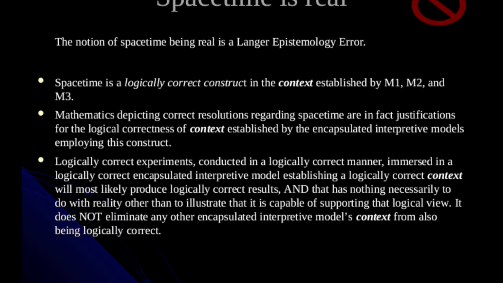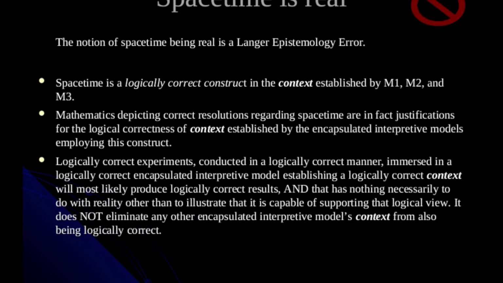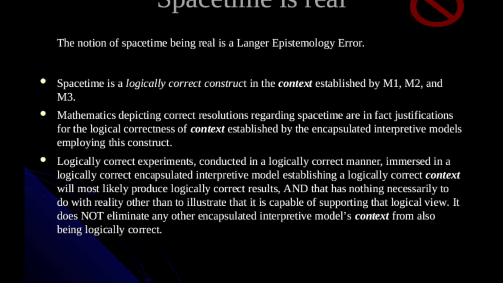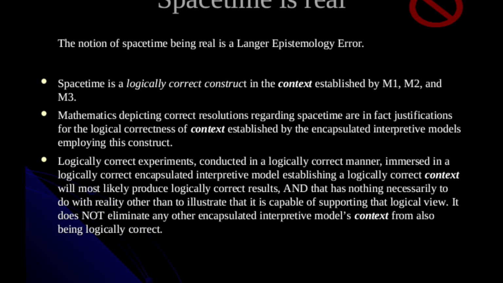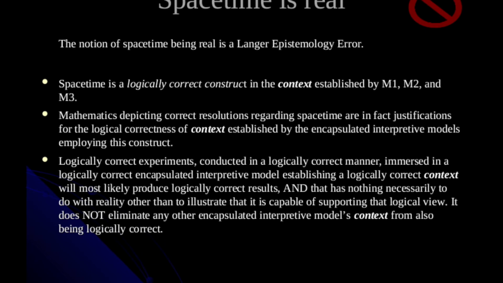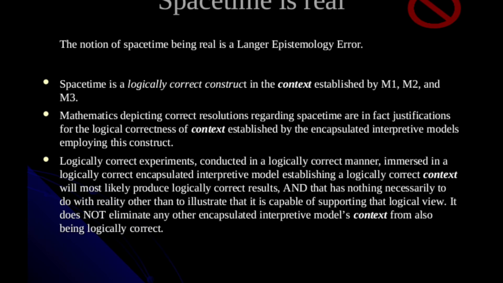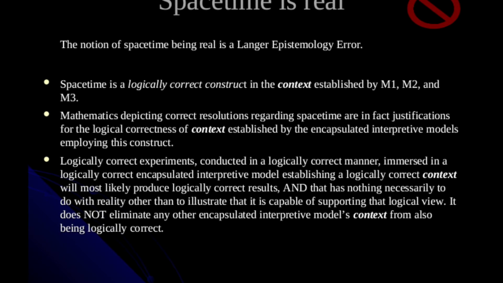So again, when we back up all the way to that mathematics chart, when we set up a logically correct model and we do all these experiments and we come up with logical results, all that means is that that's logically correct. It does not mean that there's not another simultaneously logically correct way to describe those phenomena. And that's what happens when we mode shift those experiments back and forth between M1 and M5.